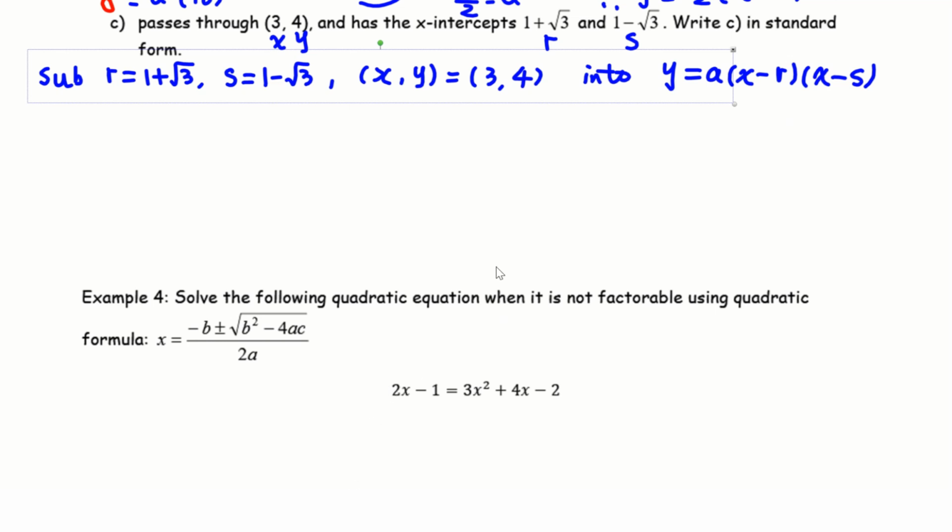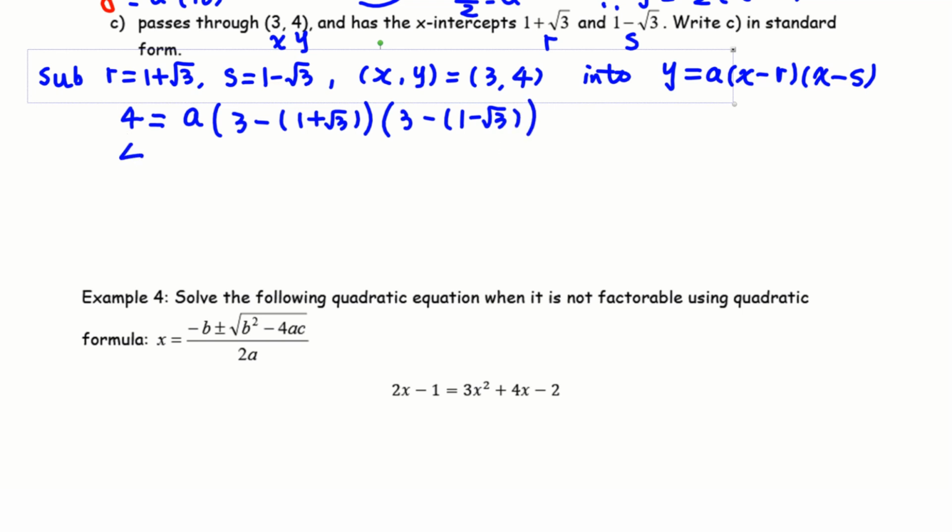So y is 4, equals a, which is unknown, times (x is 3, take away 1 plus square root 3), then x is 3 again, take away 1 minus square root 3.